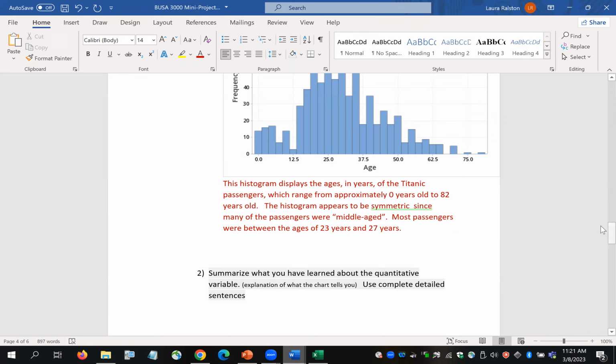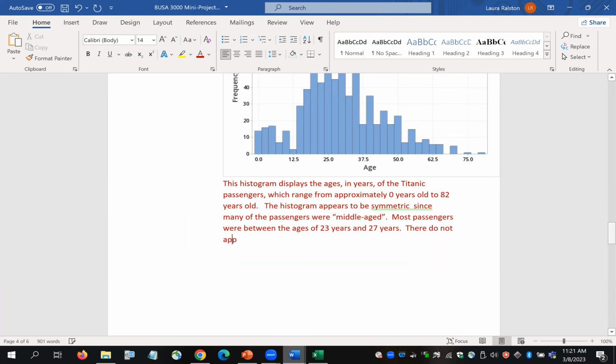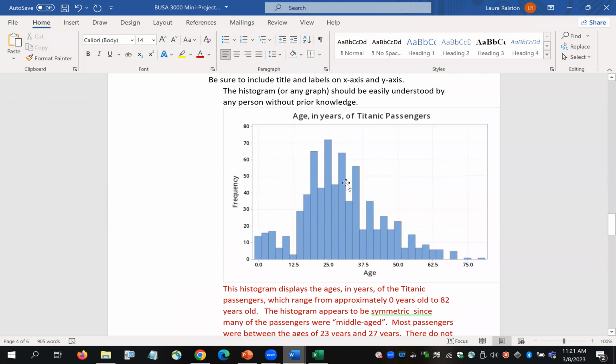There do not appear to be any outliers. Outliers, remember, are the data values that just don't seem to fit. And I don't really have any. I mean, there's a few little breaks in here.